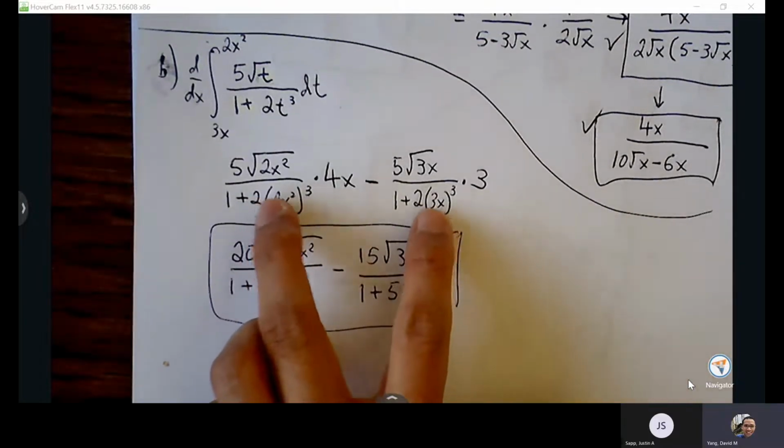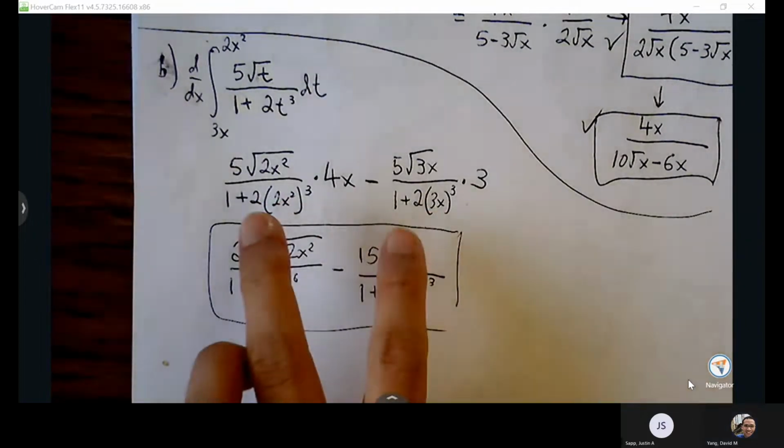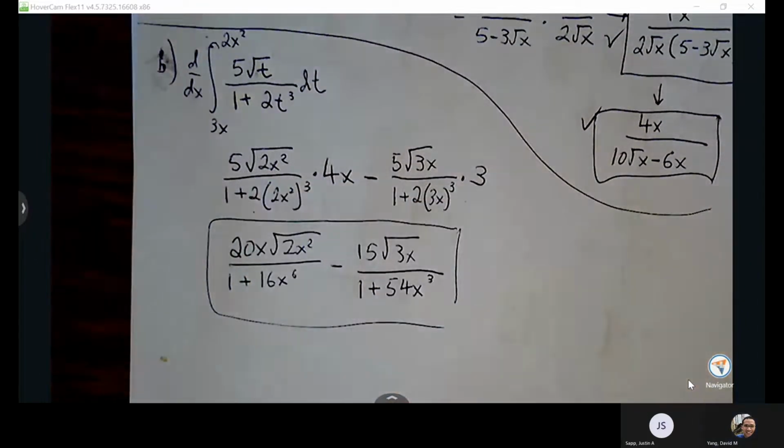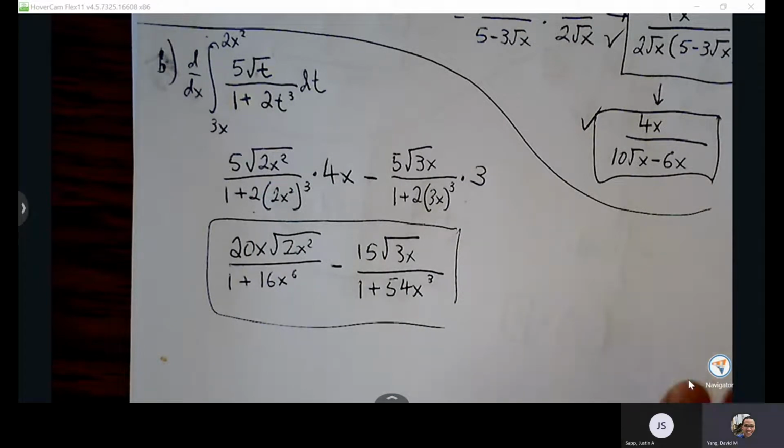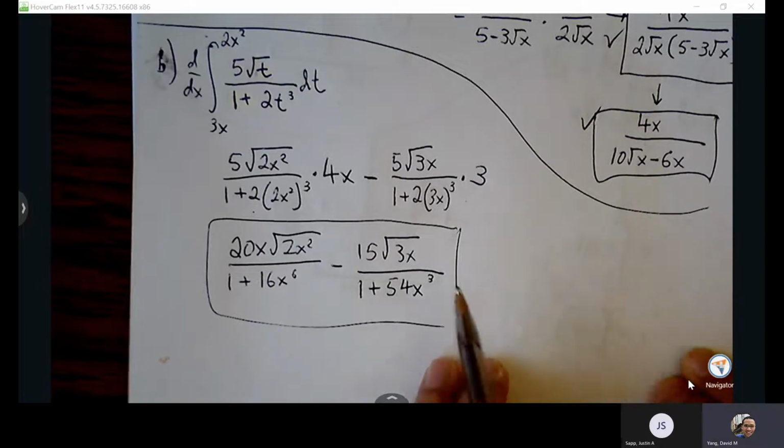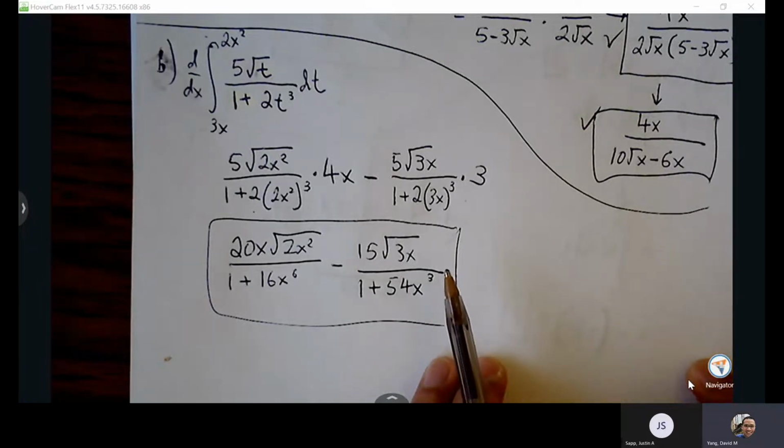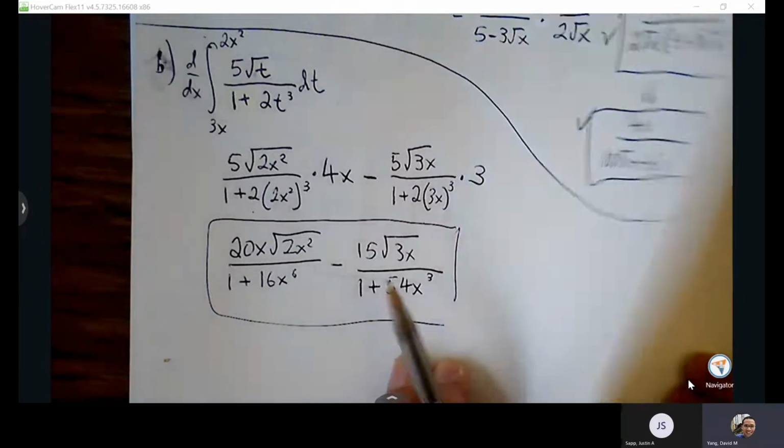We don't fully simplify. All right, any questions with variations of the second theorem?